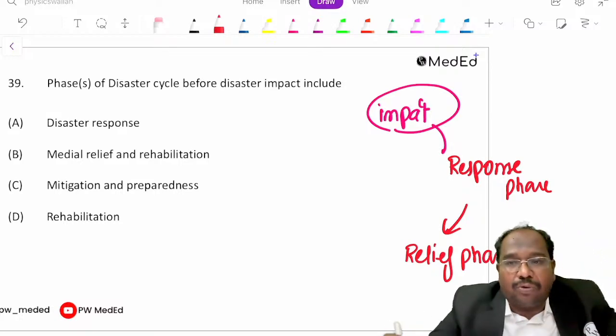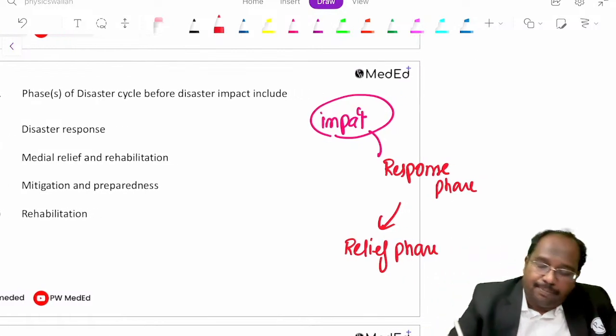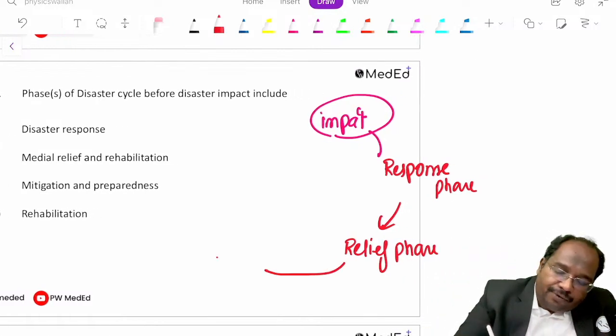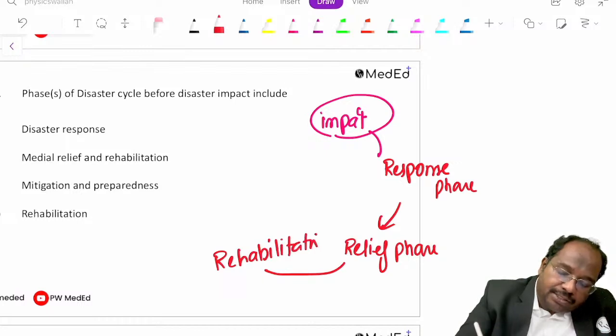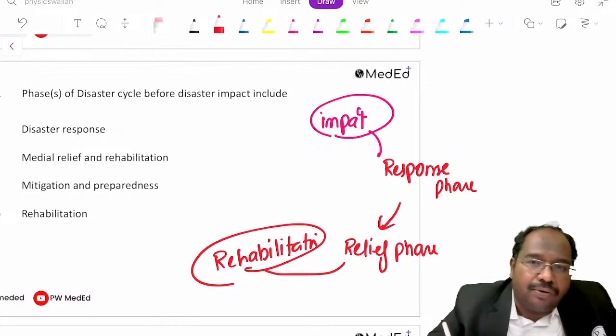Suppose there is an earthquake, people will come and respond. Then the relief phase will happen. Following the relief phase, rehabilitation will happen. People would have lost houses and families, so we have to do rehabilitation.